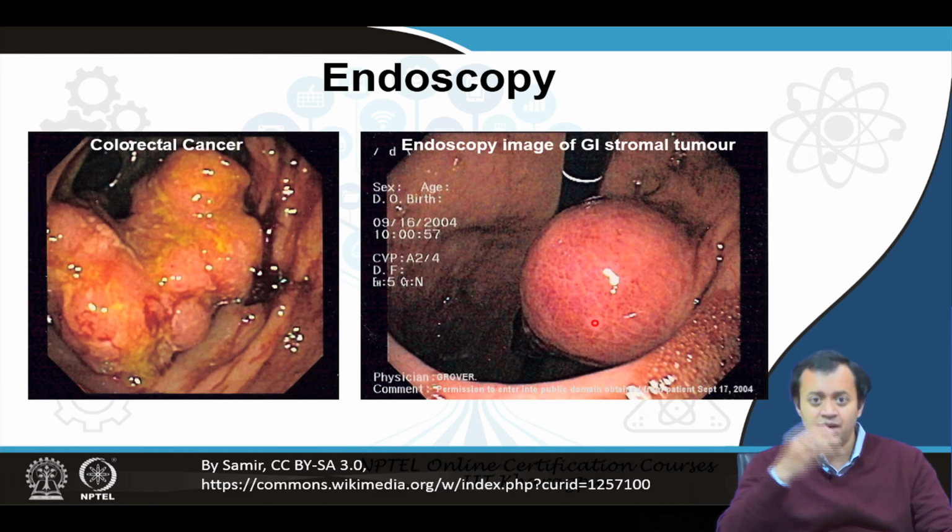We receive the backscattered light either through the same tube or through a Y junction tube. I will show you in the next few classes what exactly the tubes look like. And outside we have a camera. Nowadays the cameras are pretty small with very powerful lenses, very powerful systems, and a digital filter and whatnot.